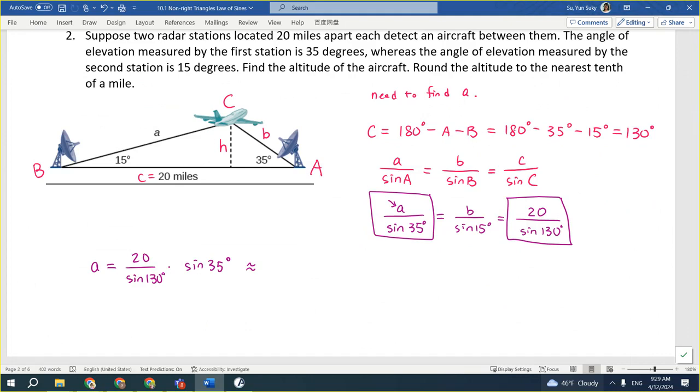Okay, use your calculator. What is this? Give me 4 decimal places. 13.9750. Thank you.